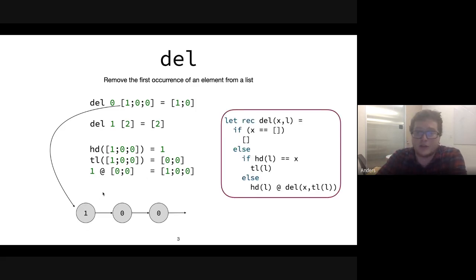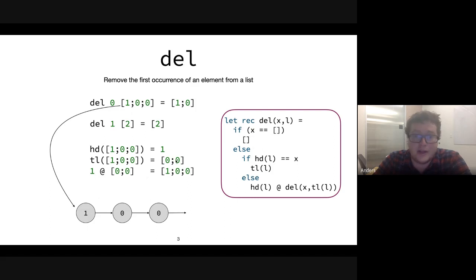So here's an implementation of del. In this implementation, I have some basic if analysis. If L is nil, then it just returns nil. Otherwise, if the head of the list is x, if it's what I'm looking for, then I return the tail of the list.